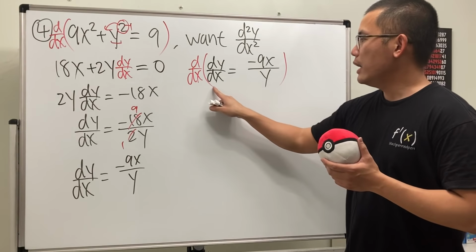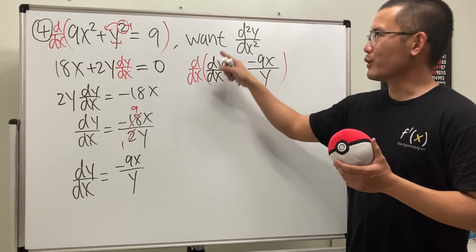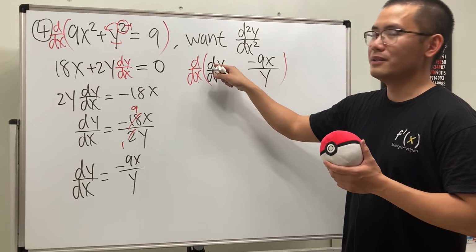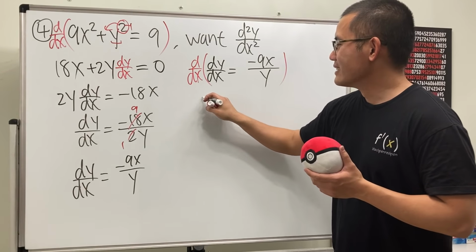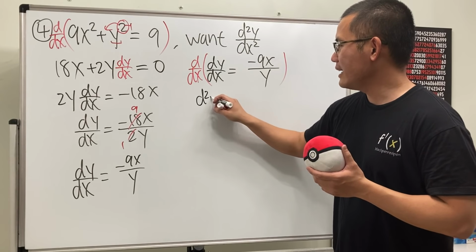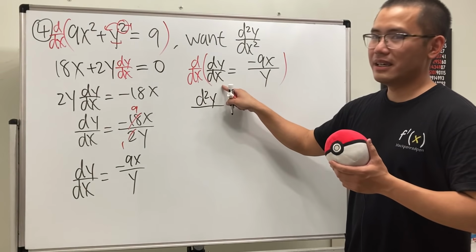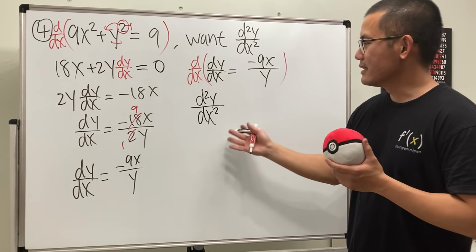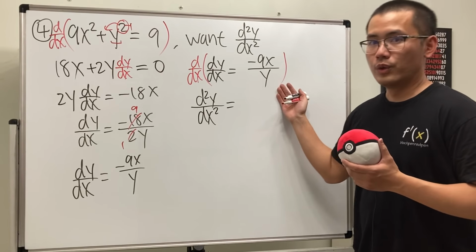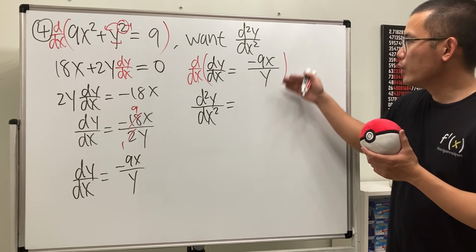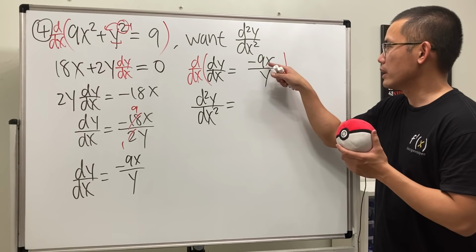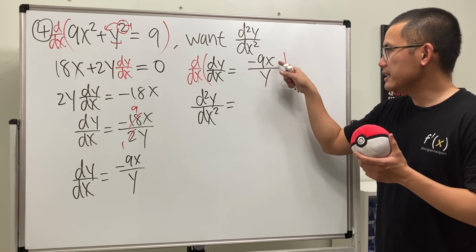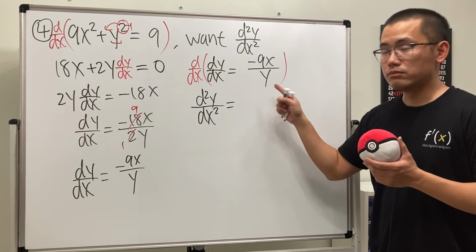And this is why the notation is d2, because you have d d, so d2. So the second derivative, d2y dx squared. To do this on the right hand side, we will have to use the quotient rule, right? We have negative 9x over y.